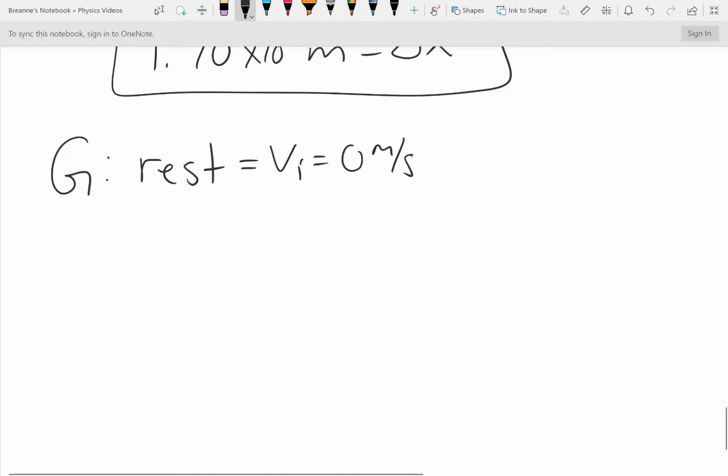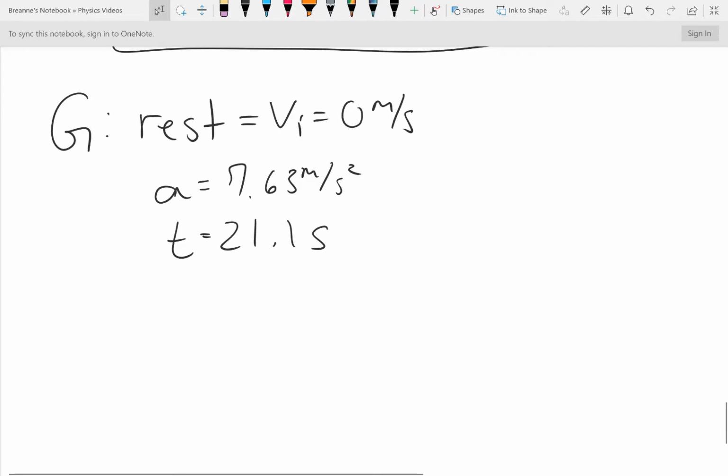Because think about when you're resting, are you moving? No. It gives you an acceleration of 7.63 meters per second squared, and it gives us a time of 21.1 seconds. And we're looking for our displacement.